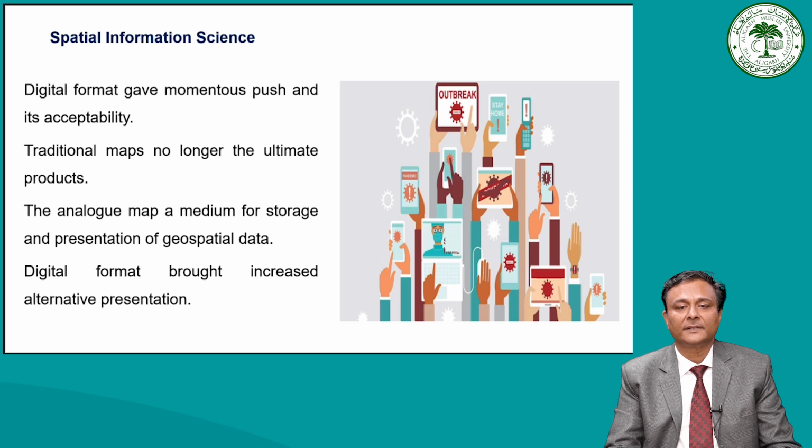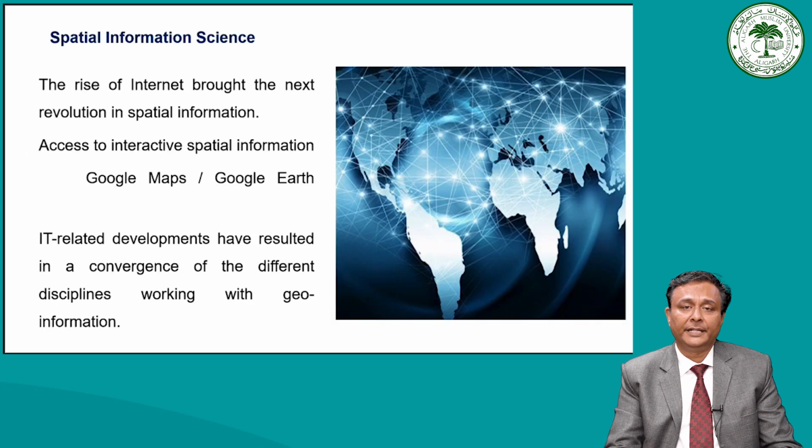To cartographers, it brought increased alternative presentation options such as three-dimensional or animated maps, where spatial information analysis begins with maps which support drawing intermediate analysis results and presenting the final results. In other words, maps play a major role in the process of spatial information analysis.